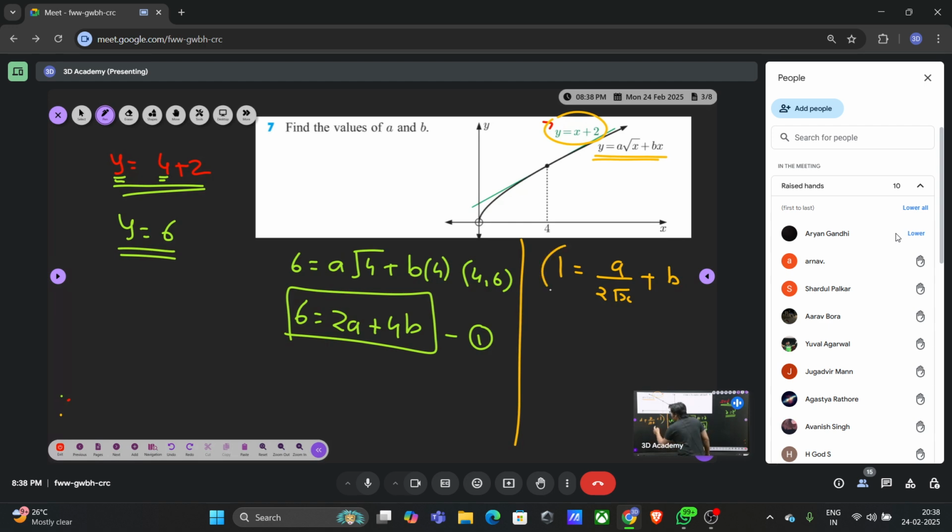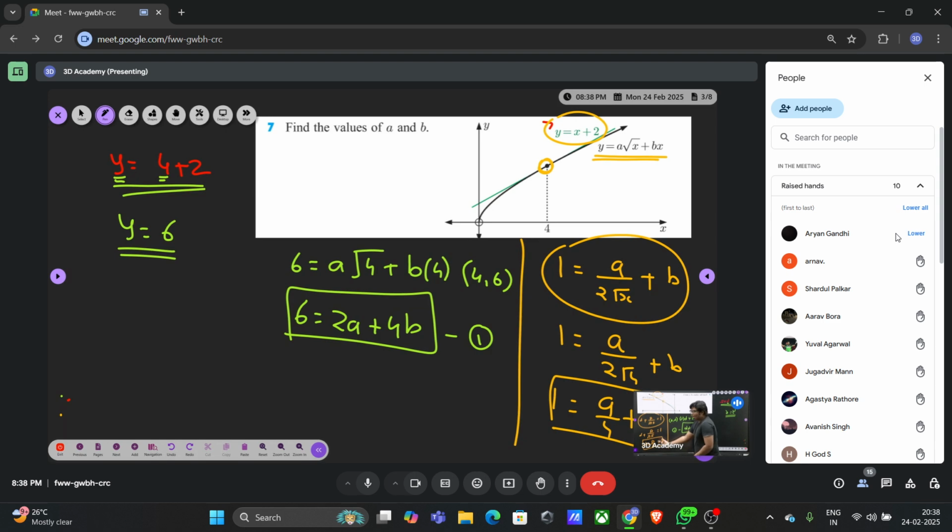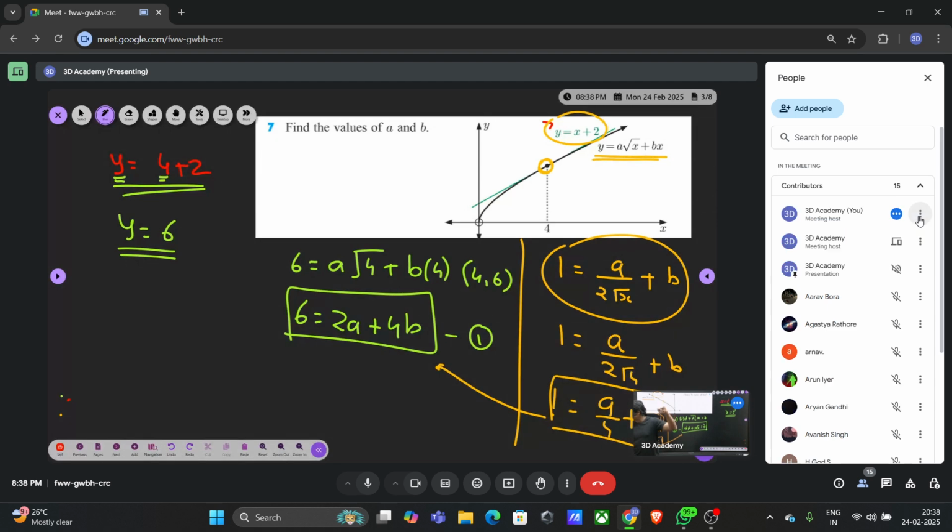And we are calculating this differentiation at this point. So if I put 4 in place of x, I get a upon 2 root 4 plus b, which is nothing but 1 equals a by 4 plus b, right? I got the second equation. See, I have two equations. I can solve them simultaneously and get the values of a and b. Getting it or not? How many of you understood this logic?